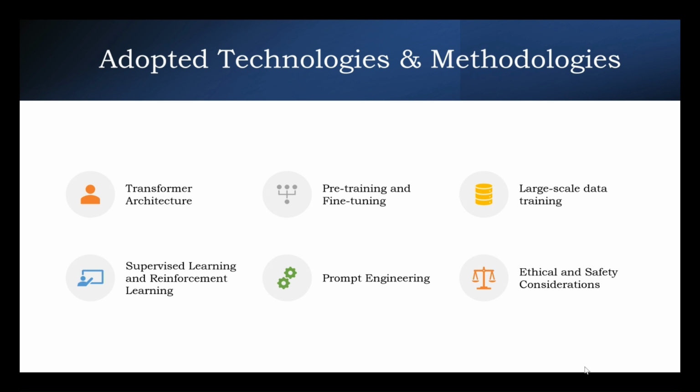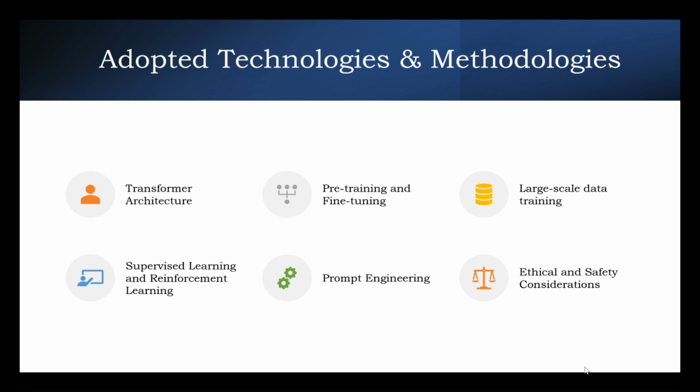Here, supervised learning trains the model on human-generated examples and responses. Reinforcement learning provides additional training using reward-based techniques to encourage the desired behavior and improve the model output quality. Whatever output they provide has to be of quality. For that purpose, we are going to be using reinforcement learning.